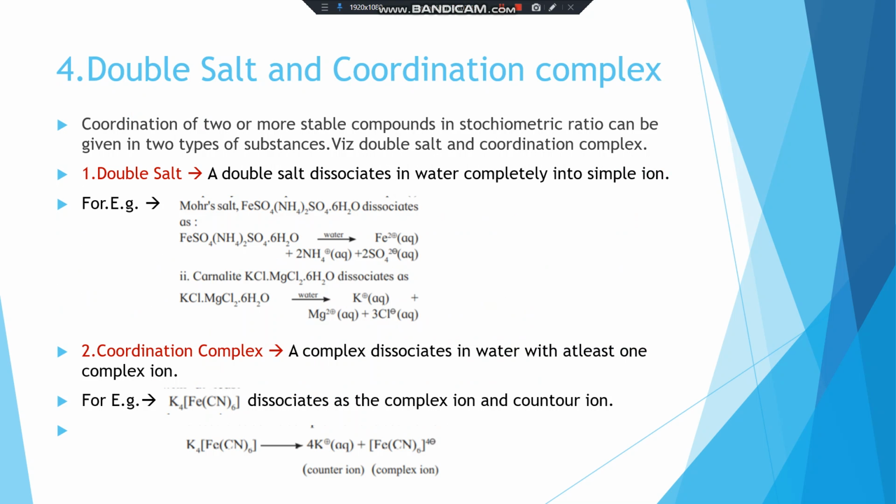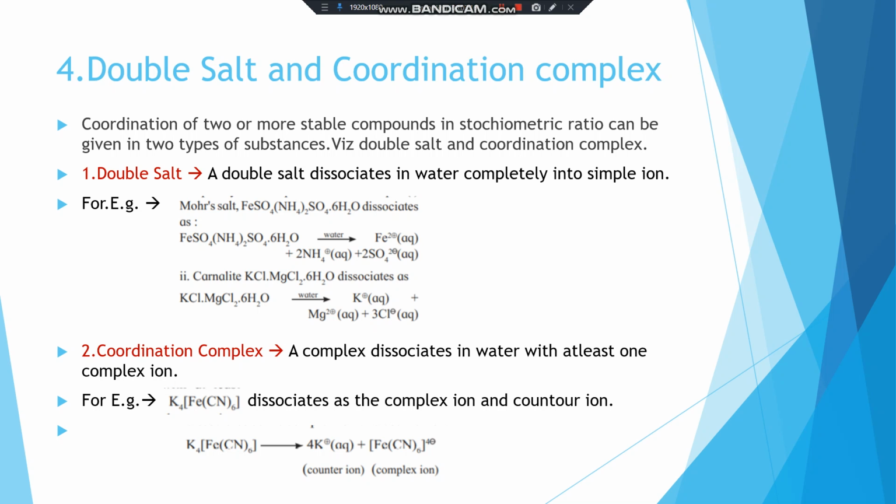For example, Mohr's salt, that is FeSO4·(NH4)2SO4·6H2O, undergoes dissociation in water to form Fe2+, 2NH4+ and 2SO4 2-. All are in aqueous media.